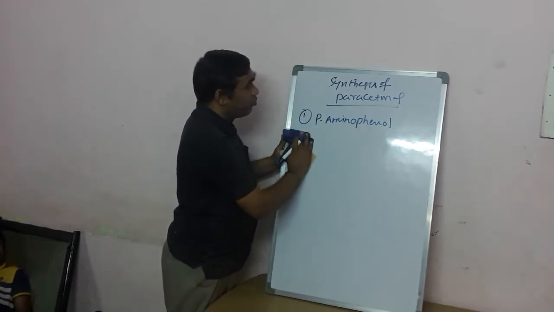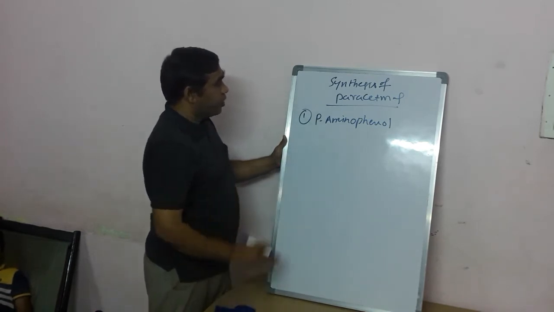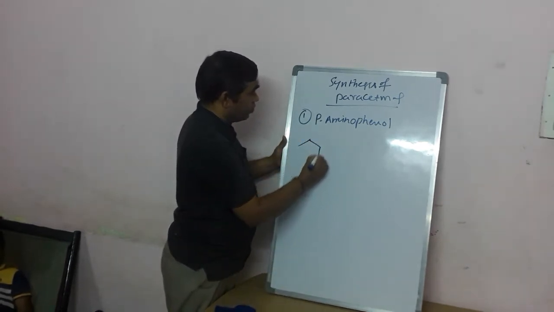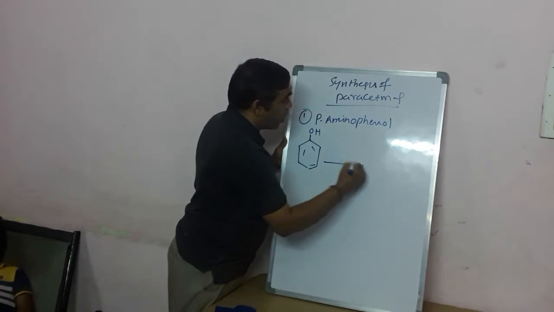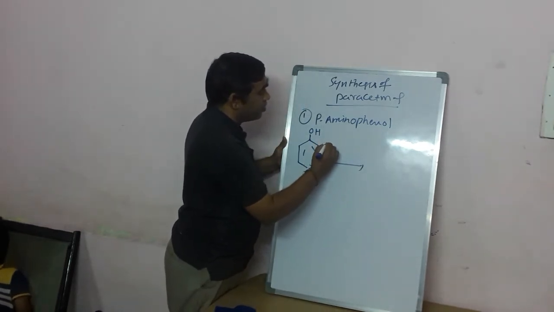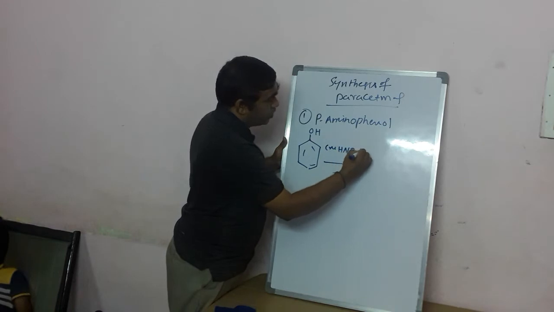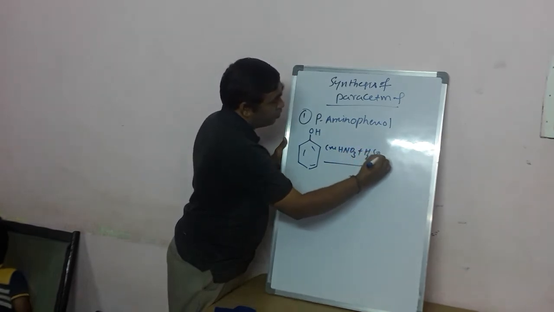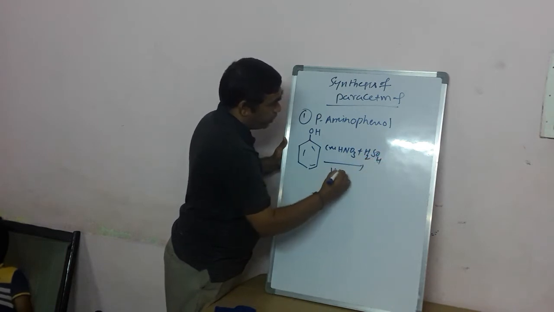For synthesis of para-aminophenol, we take the starting material phenol. The phenol is treated with a nitrating mixture, that is concentrated HNO3 plus H2SO4 in 1:2 ratio.